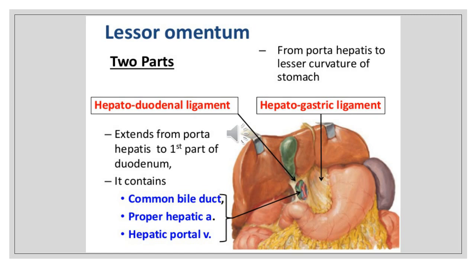So the horizontal limb of the lesser omentum attaches to the margins of the porta hepatis, and the vertical limb is attached to the fissure for ligamentum venosum. So the attachment is an inverted L shape.